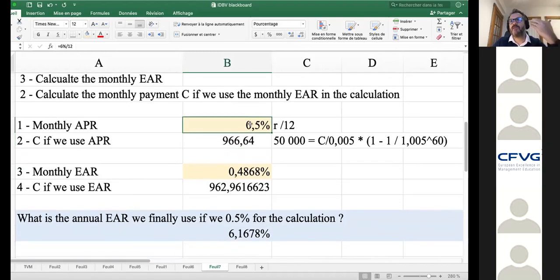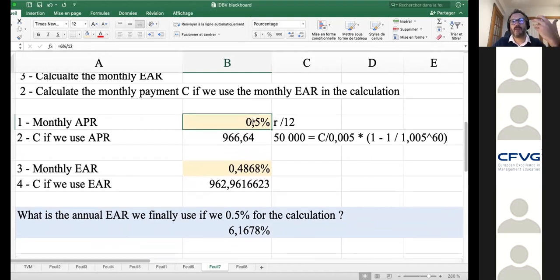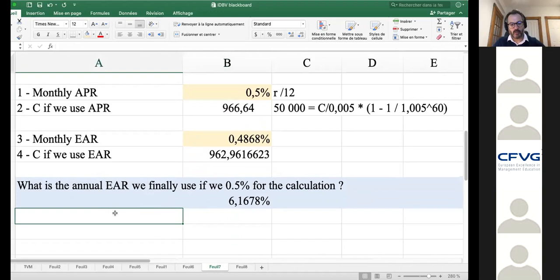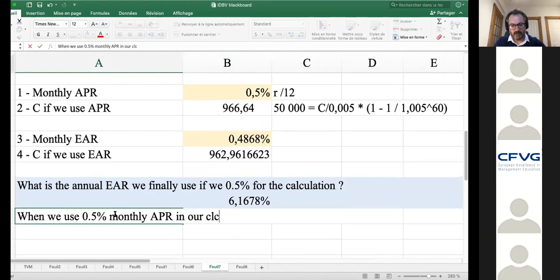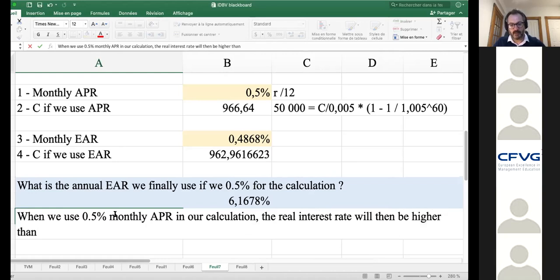But finally, when we use 0.5% monthly APR in our calculation, the real cost, the real interest rate will then be higher than 6% annual.